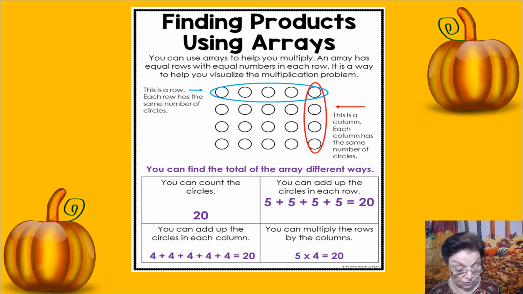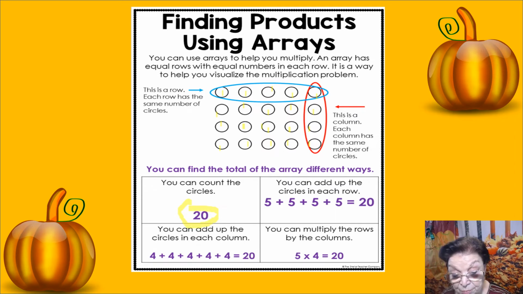That's what it says first. So here we go. This is probably the slowest way. 1, 2, 3, 4, 5, 6, 7, 8, 9, 10, 11, 12, 13, 14, 15, 16, 17, 18, 19, 20. We were right. We got 20.